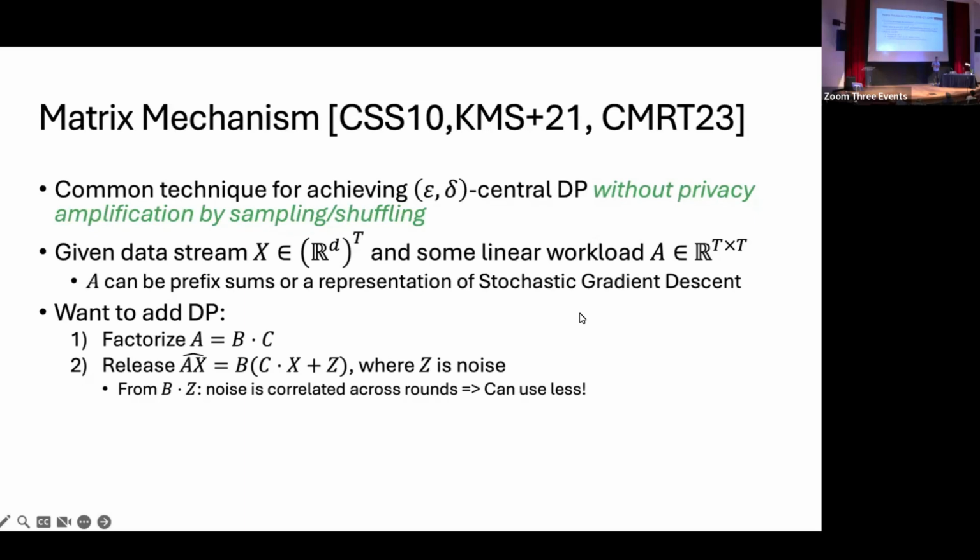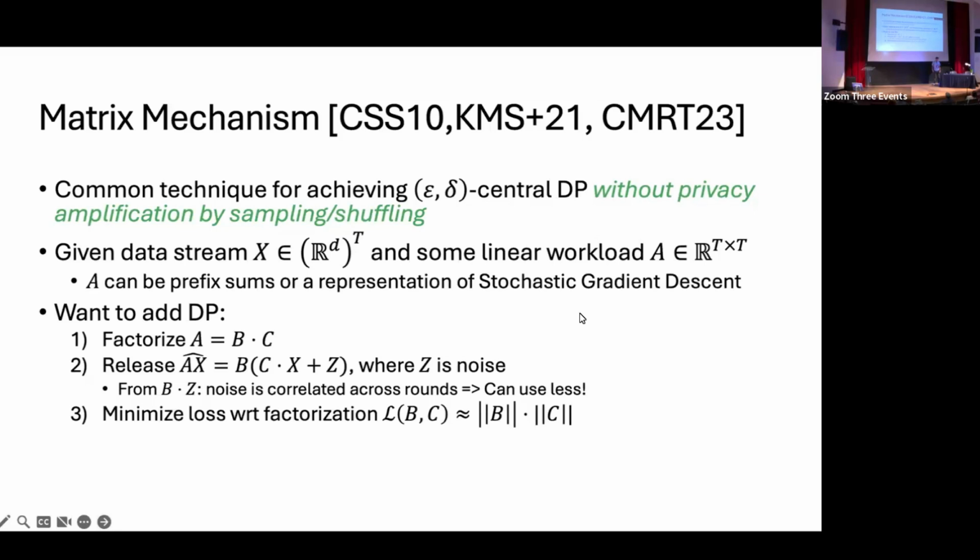The main benefit you get here is that from this multiplication of B times Z, the noise is correlated across rounds, which intuitively means you can use less noise per round when sampling in an individual round.